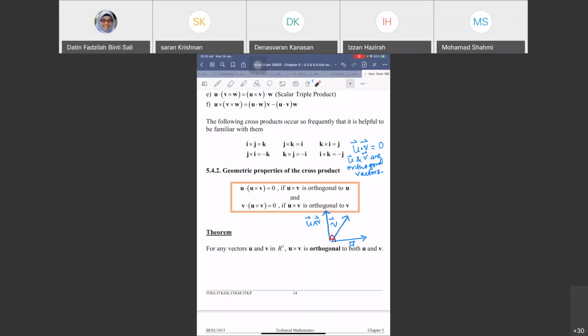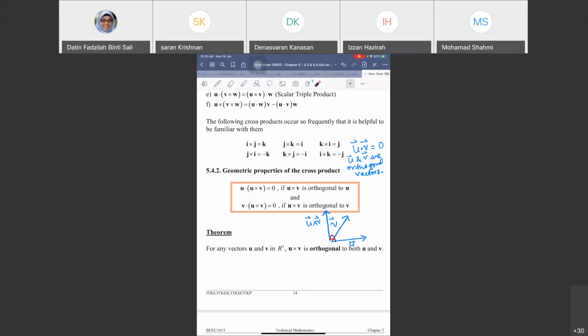If you dot vector u with this cross product, you get 0. Similarly, if you dot vector v with the cross product, you also get 0. So that means they are orthogonal.